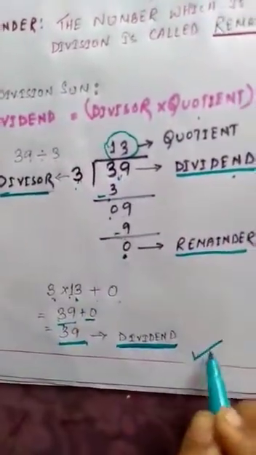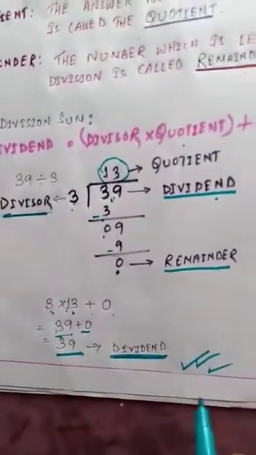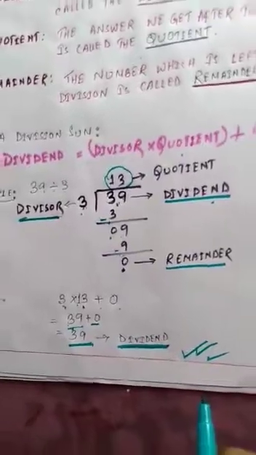That means our sum is correct. This is how we can check the sum of a division.